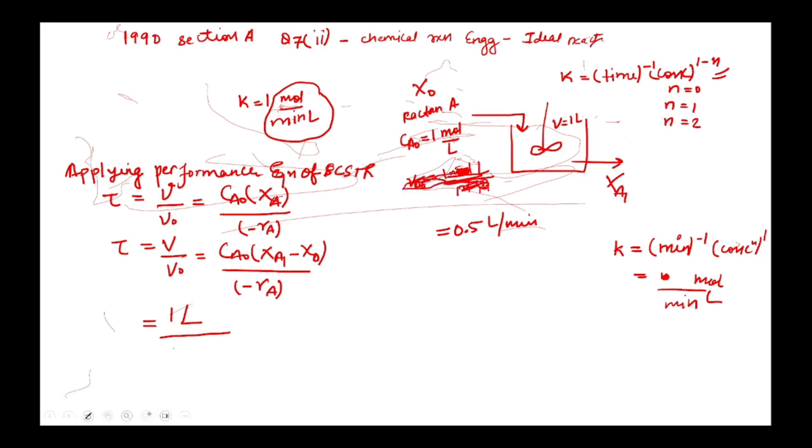So minute will go up, is equal to CA naught, which is 1 mole per liter, into the conversion we have to find, XA1 minus X naught. X naught is 0 because the feed is not converted, upon minus RA.